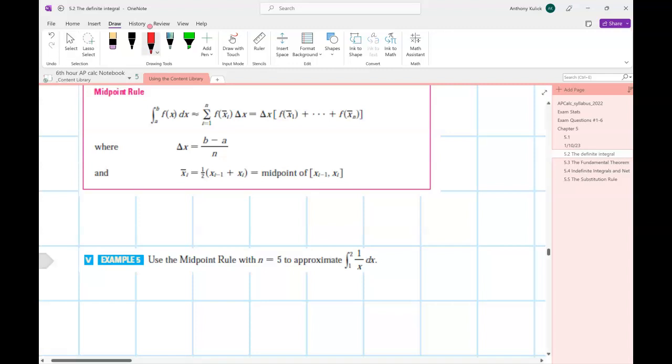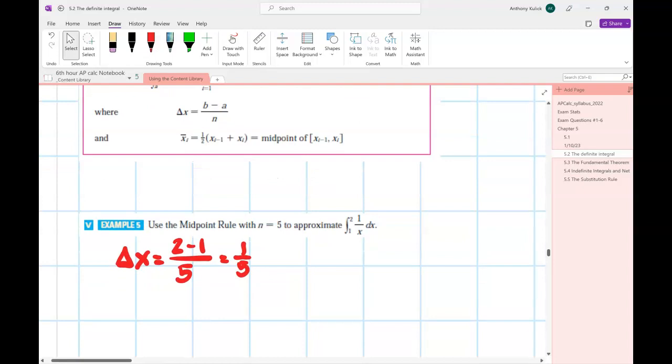So, okay, here's my function. Again, I'm going to start by calculating my delta x. So b minus a over n. If I'm going from 1 to 2, my next endpoint is going to be 1/5 later.